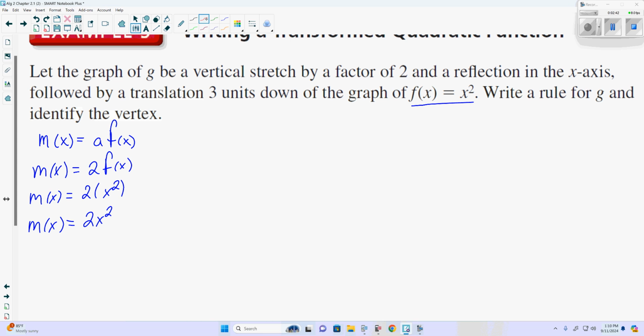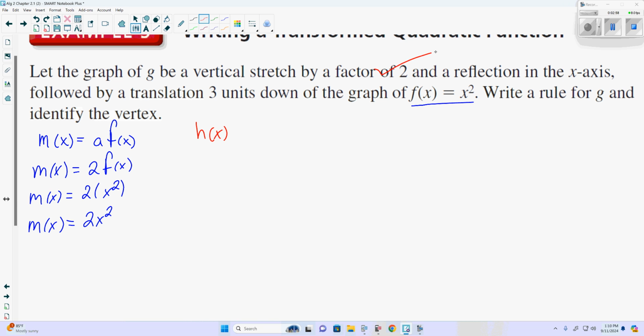Questions on this so far? Of how we applied the vertical stretch of 2. So vertical stretch by a factor of 2. Done.